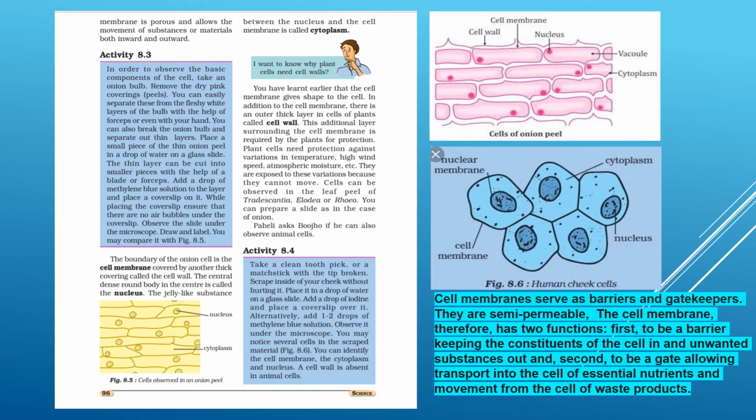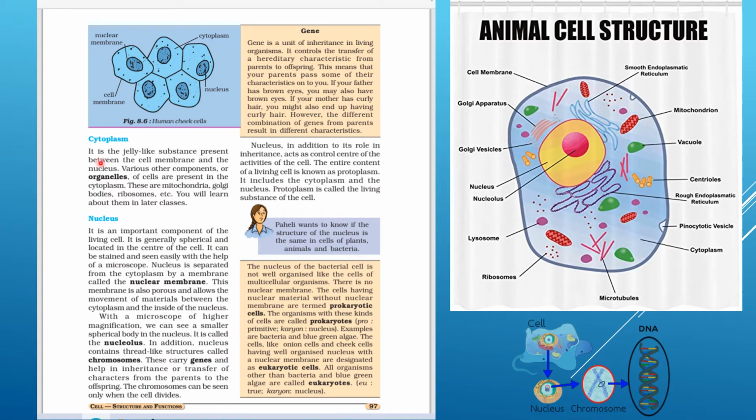Now the next topic is cytoplasm. You are seeing that jelly-like substance present, that bluish one. It is present between the cell membrane and the nucleus. In this cytoplasm, various other components are there.